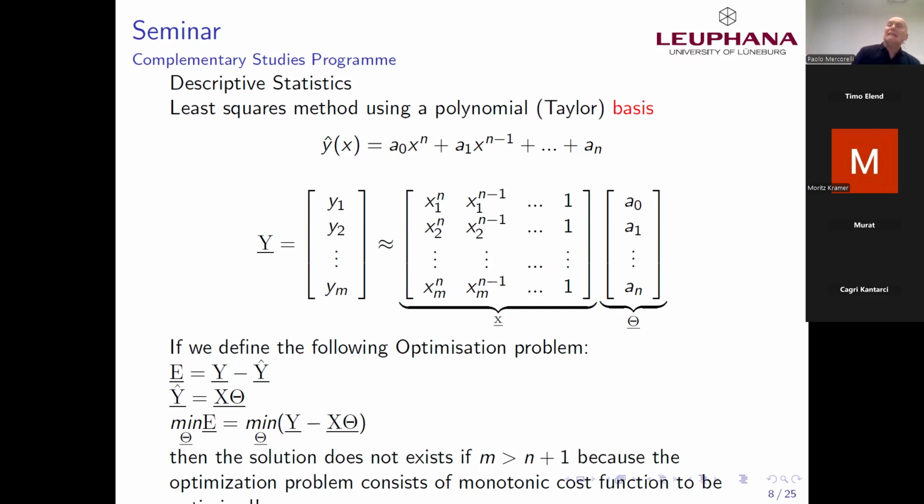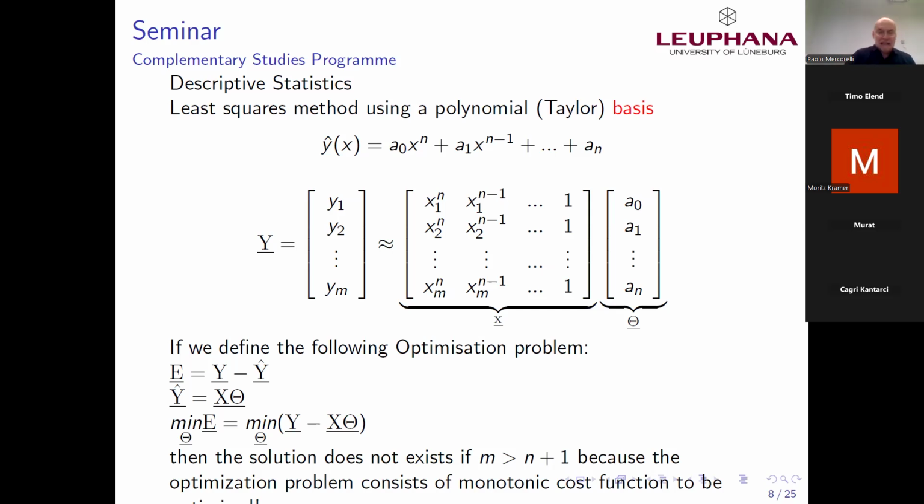We can see it as the comment at the end, no? In the case M, as I told you, larger than n plus 1, the solution does not exist, in the sense it's minus infinite. We can try also at the end with the computer if you want. Because this error is not a convex function, it's a monotonic function. This cost function is a monotonic function.